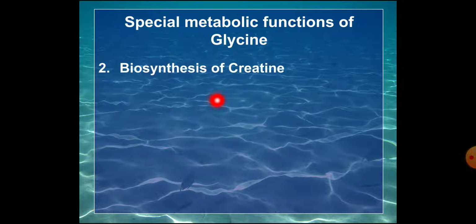The second one is biosynthesis of creatine. You know what creatine is. You have studied the organic constituents of urine. One of the important organic constituents of urine is creatinine, and it is the anhydride of creatine. Creatinine is formed from creatine, which is present in the muscle as creatine phosphate.